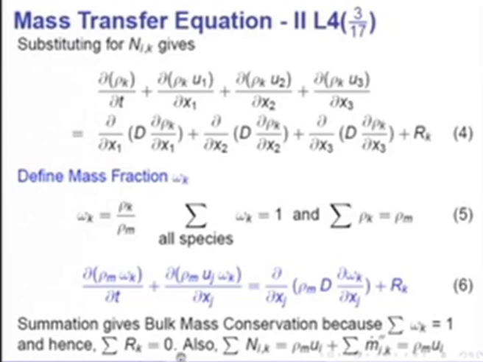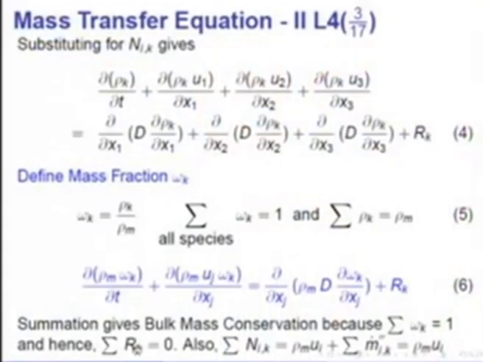Sigma r k equal to 0 says that whenever there is a chemical reaction, it is true that some species will be generated, but there will be others that would be destroyed, and the total mass cannot be generated or destroyed. That idea is expressed in sigma r k equal to 0.